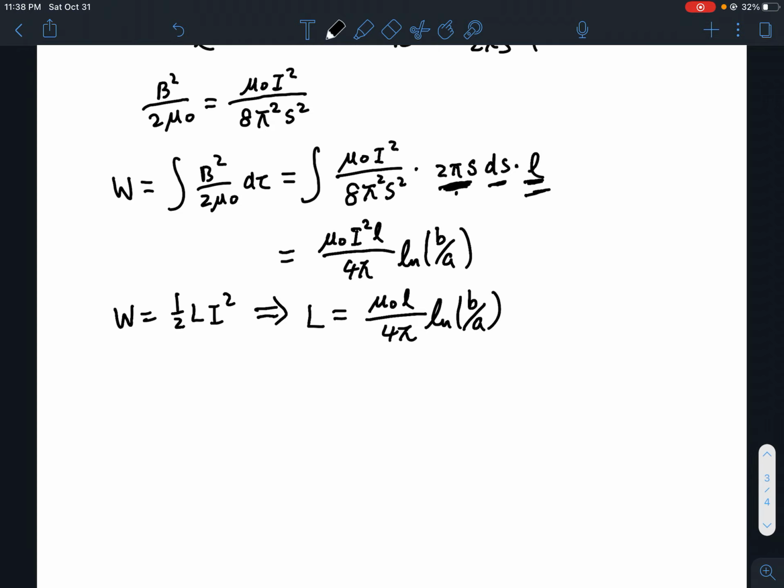This method to calculate self-inductance is also very useful.